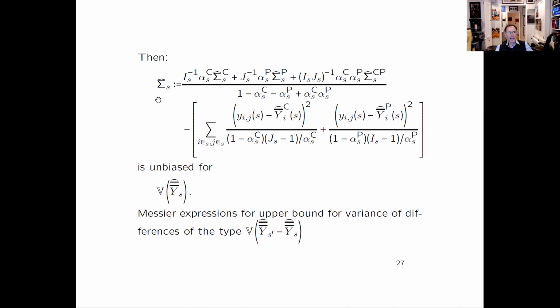And so this particular expression is going to be unbiased for the variance of the average outcome in that particular set of customer product pairs.